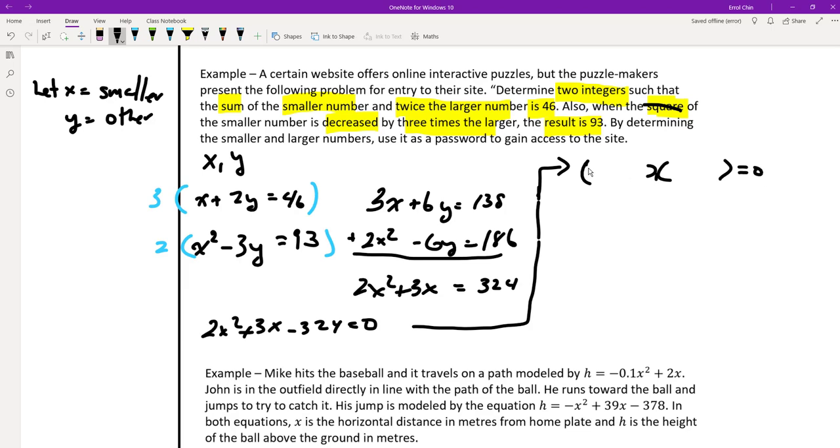And it turns out it is x minus 12 is one factor, and then 2x plus 27. Now, what are the values of x? What are the possible roots? Well, x is equal to 12 or negative 13.5.